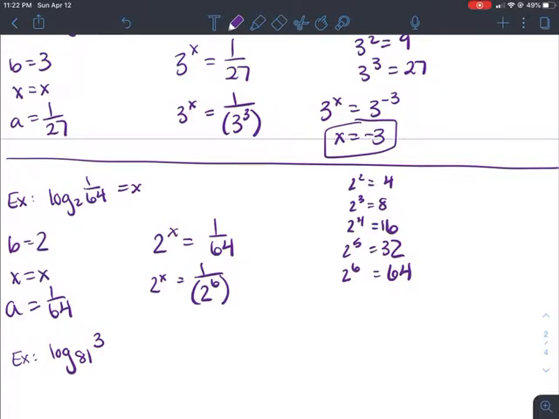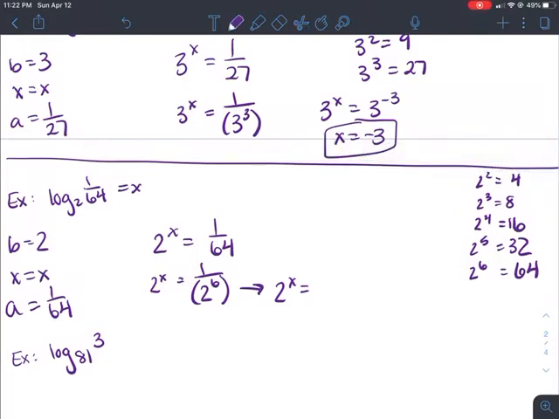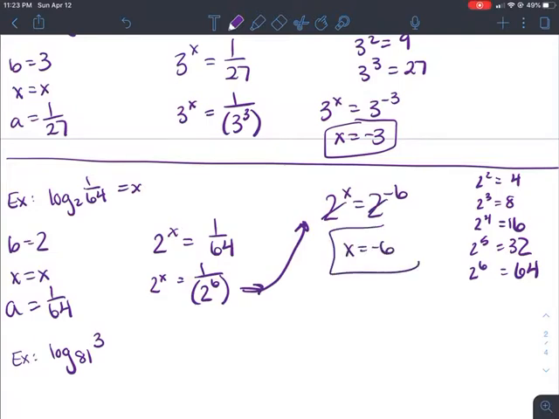So I'm going to get 2^x equals 2 to the negative 6. This cancels out and it's just x equals negative 6. And that's my answer.